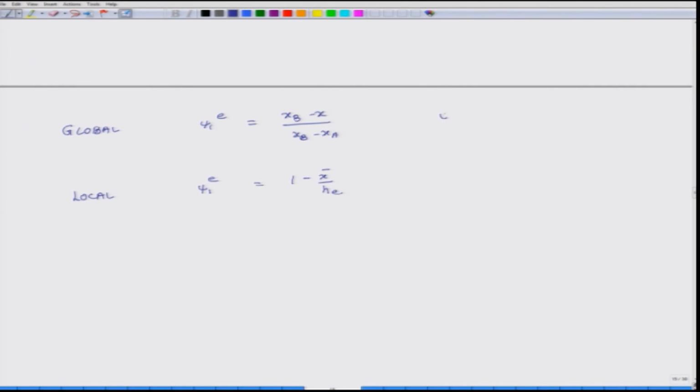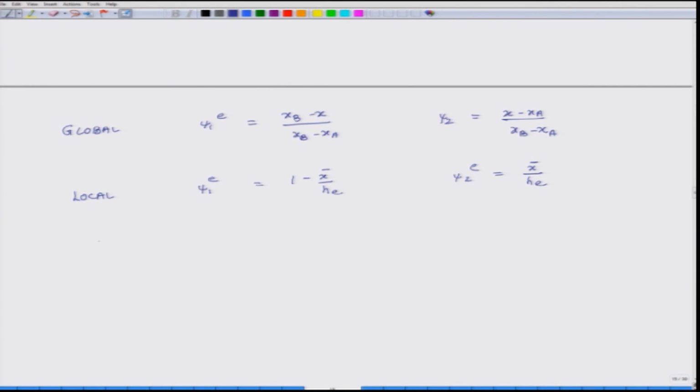In global, my psi 2 equals (x minus x A) divided by (x B minus x A). In local, it is psi 2 e equals x bar over h e. And e is the eth element.